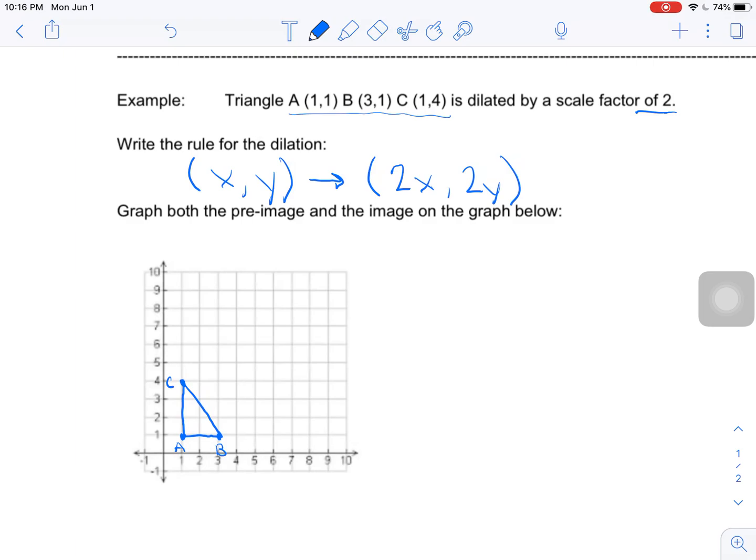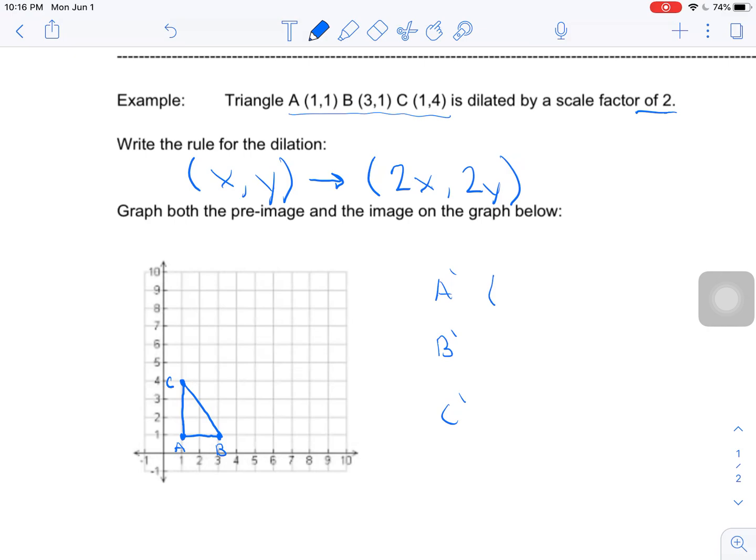Now, it says graph the image. Well, we have the rule that tells us to multiply everything, so we need to use the rule to figure out what our new coordinates are. A prime, remember that's the notation we use for the image, A prime, B prime, and C prime. We're going to have to multiply all of our coordinates by 2, because that's the scale factor, in order to get the new coordinates.